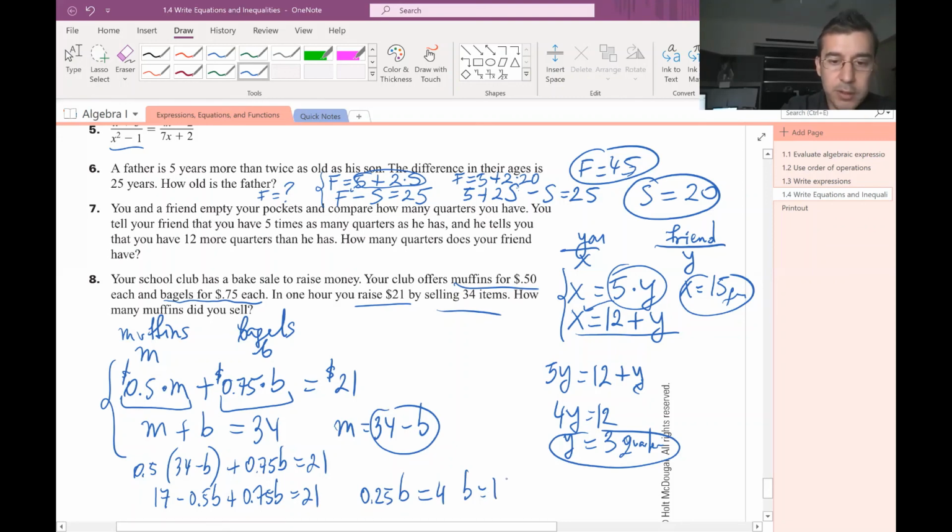So B is 16, and you sold 16 bagels. To get the muffins, you do 34 minus 16. 34 minus 20 is 14, and then 4 more from 16 to 20 is 4. So 14 and 4 is 18, so 18 muffins.